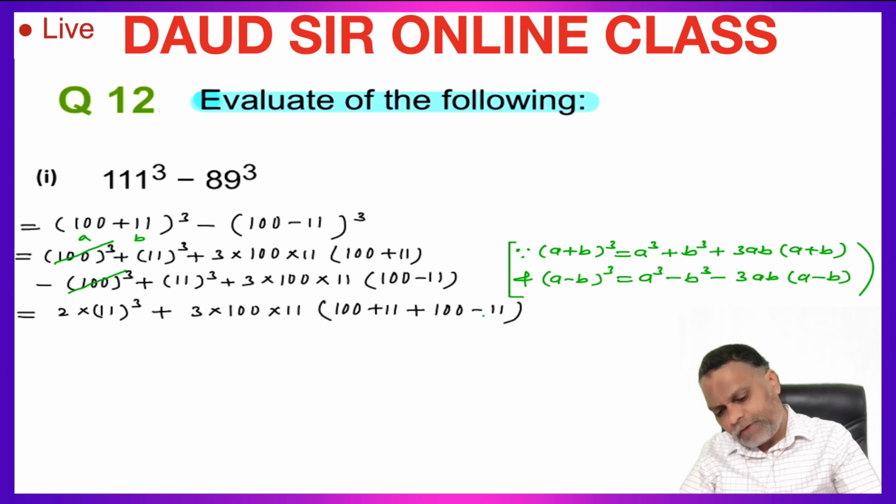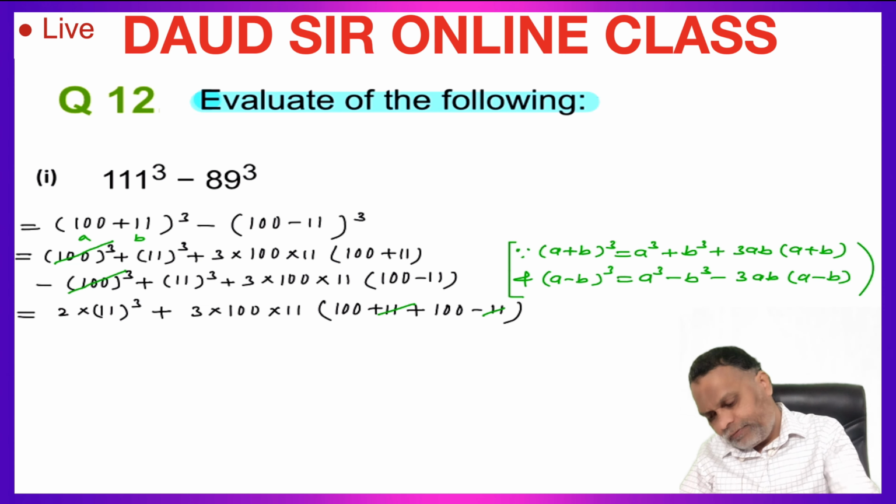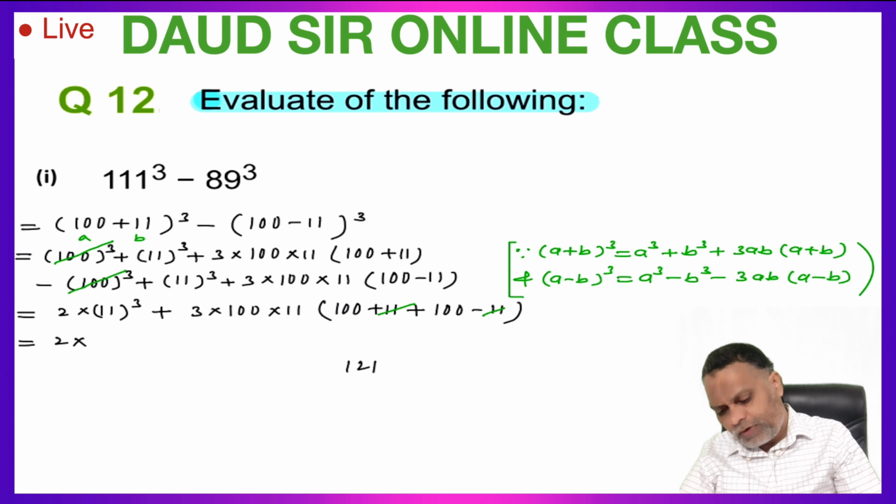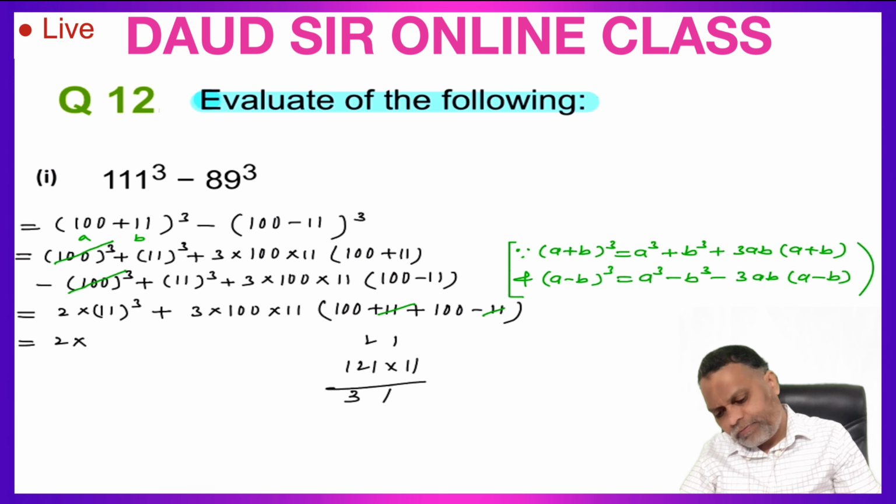Now simplify this, minus 11 plus 11 cancelled, and this 2 into 11 cube: 11 into 11, 121, 121 into 11 is 1331.